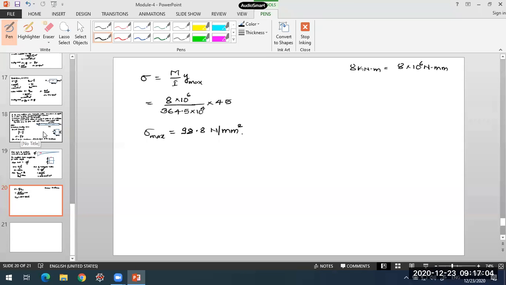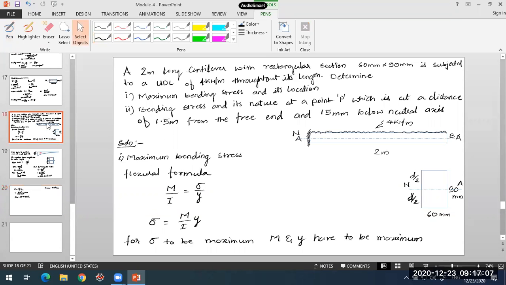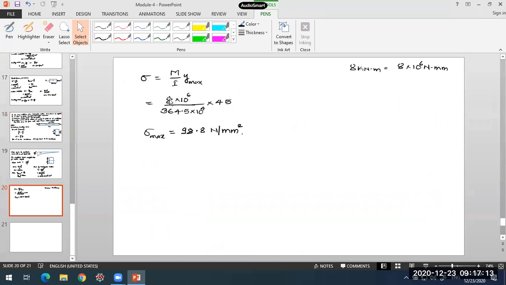They also asked for the nature of the maximum bending stress and its location. Its location is at the fixed end. So the maximum stress is at the fixed end because the moment is maximum at the fixed end.